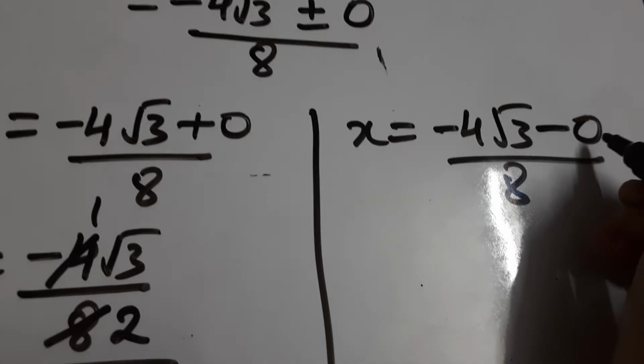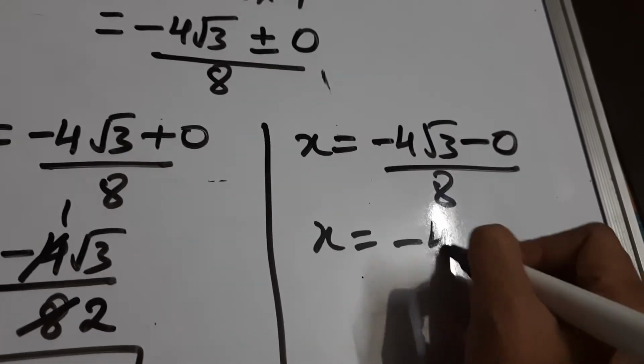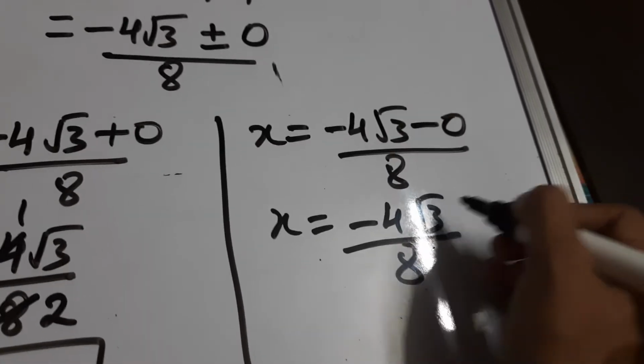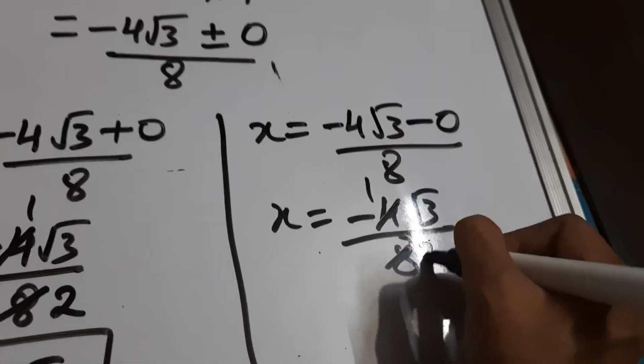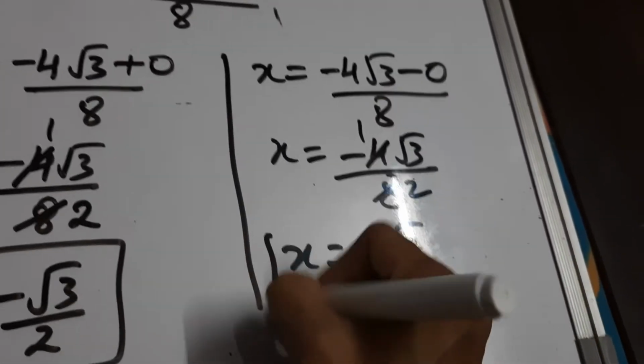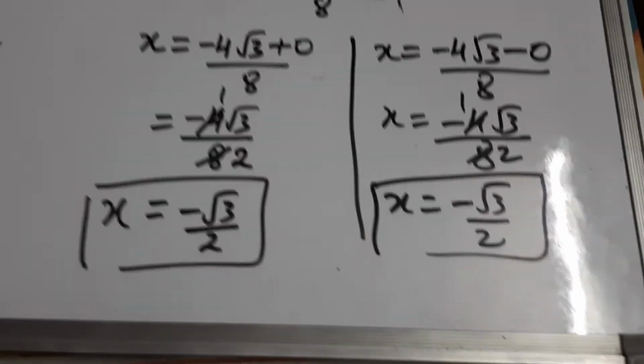When we subtract 0 from this, it will remain the same again. So again, multiplication is there, nothing is added or subtracted, we can reduce it. 4 ones are 4, 2 fours are 8. So x is equal to minus root 3 by 2. So we get the two values, two roots.